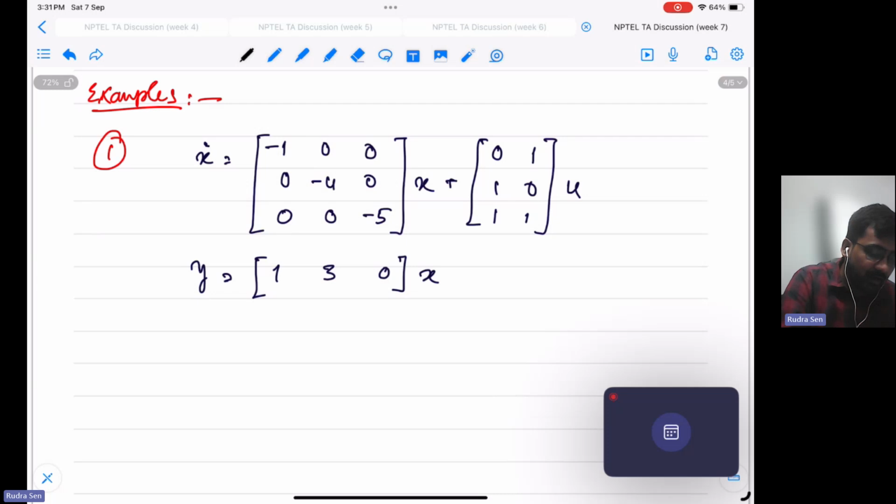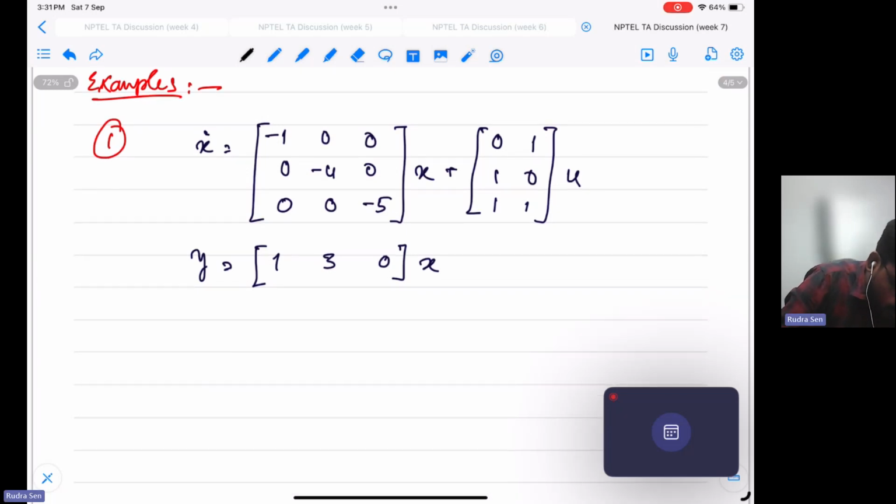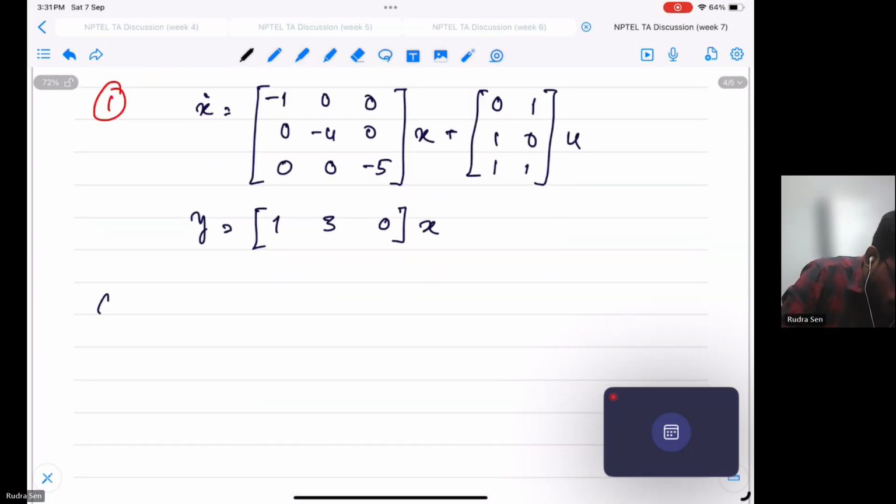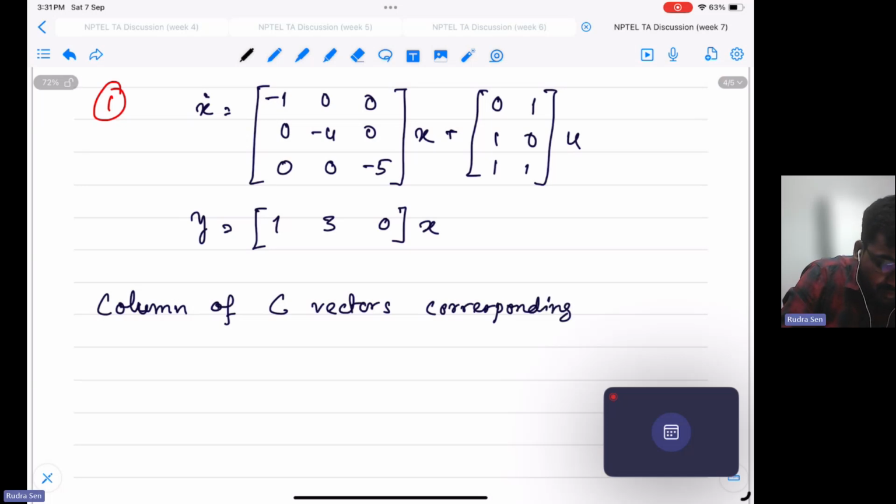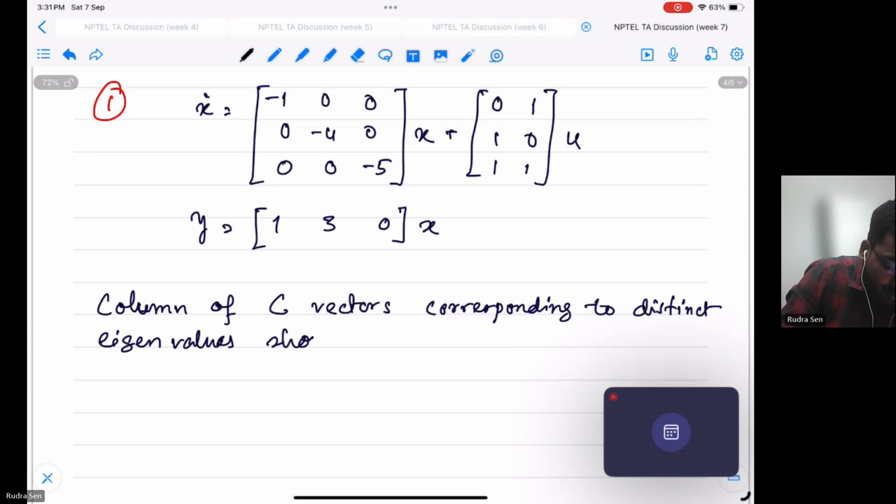So in that case, the column of the C vector corresponding to a distinct eigenvalue should be non-zero.